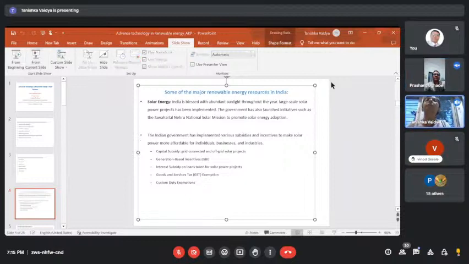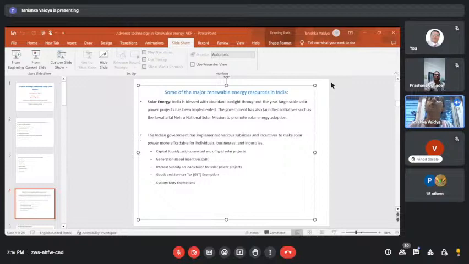So the solar energy. Now, basically, in our India, we have tremendous or abundant sunlight available. Some of the plus points and minus points of this solar energy are: solar energy is free of cost. All the renewable resources are free of cost.